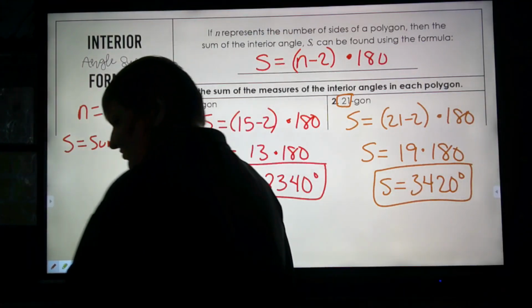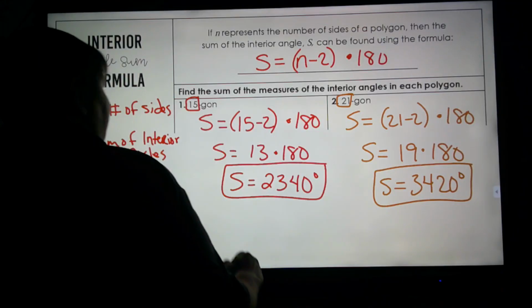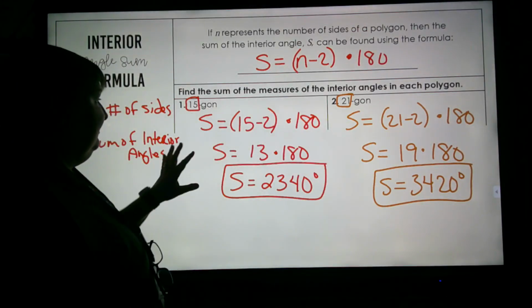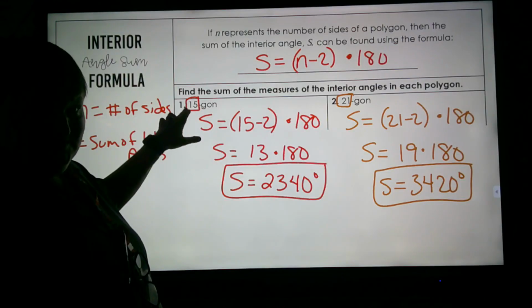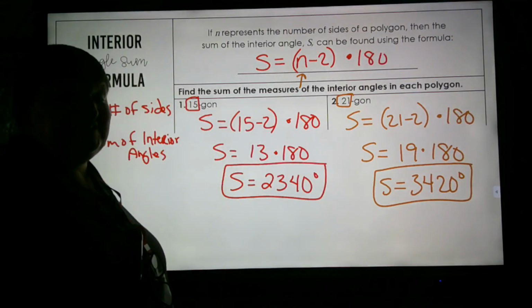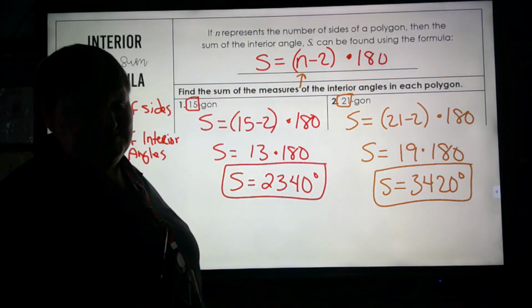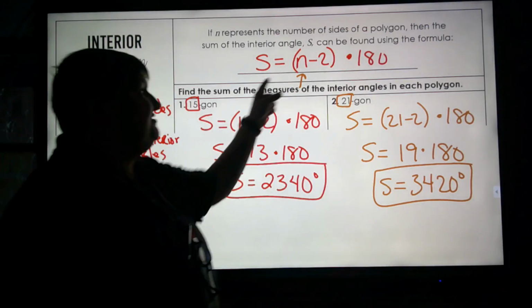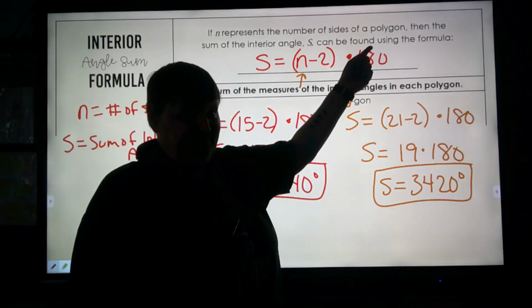Right? Side note, when dealing with this formula, they gave us the number of sides. They gave us the n. What if they didn't? What if they gave us the sum instead? Right? You need to be able to manipulate this equation.